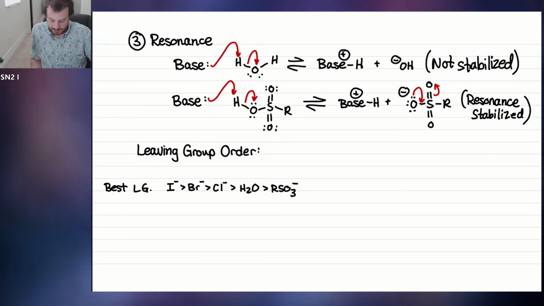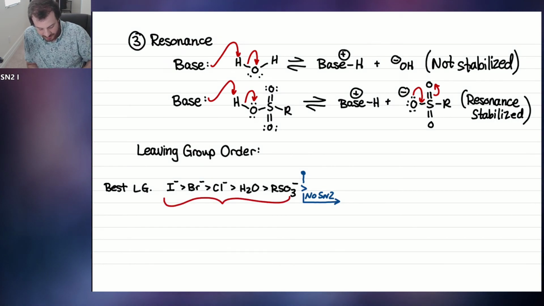Then I'm actually going to draw this as our cutoff. After this point, there's going to be no Sn2 beyond this point, meaning all the subsequent leaving groups that I'm about to list are too poor for Sn2 to occur at a reasonable rate. So you only need to remember the 5 good leaving groups.